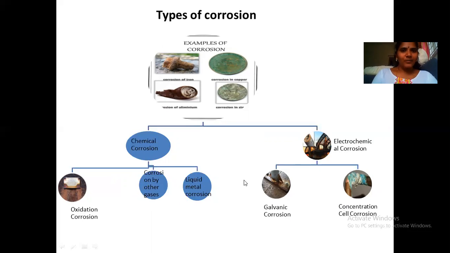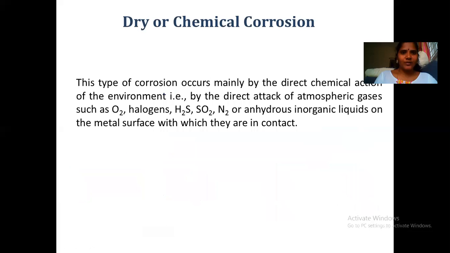We'll discuss one by one so that you can understand clearly what the different types of theories are that we can use to explain the corrosion. So we'll start with dry corrosion. Dry corrosion is when a metal is directly in contact with the environment, meaning only with the atmospheric gases that may contain oxygen, carbon dioxide, nitrogen, H2S, halogen, sulfur oxides.